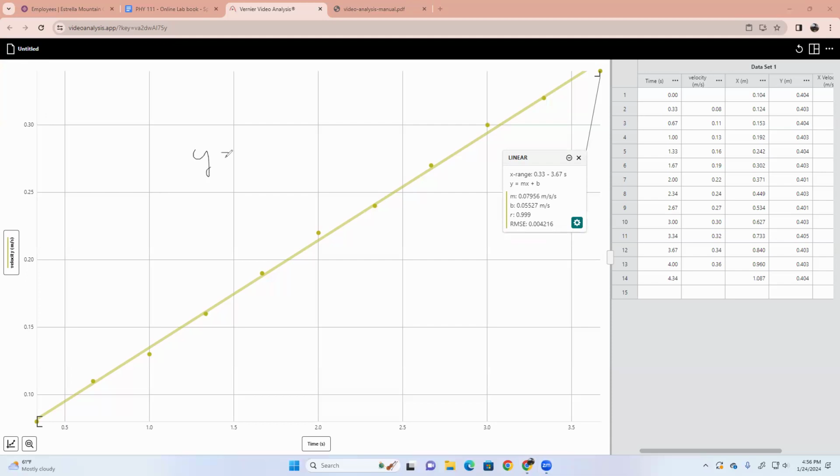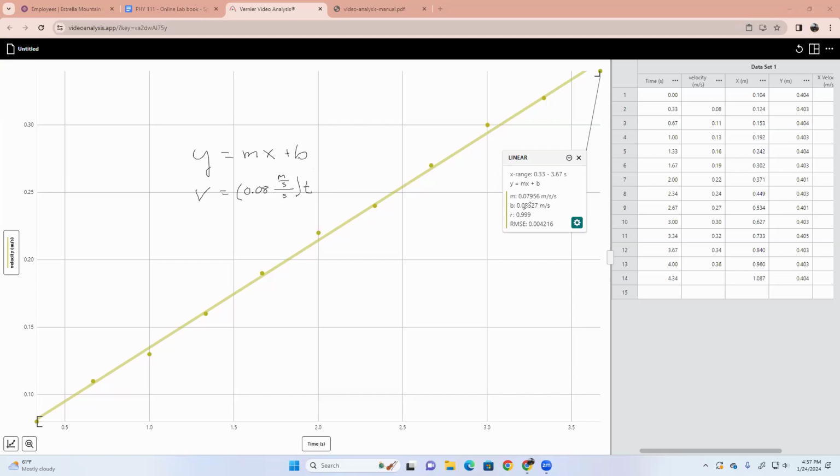So this is an equation of a line. The y-axis is velocity. The slope here looks like 0.08. The rise is meters per second, the run is seconds, and the x-axis is actually time.